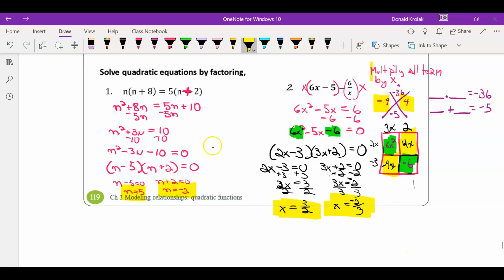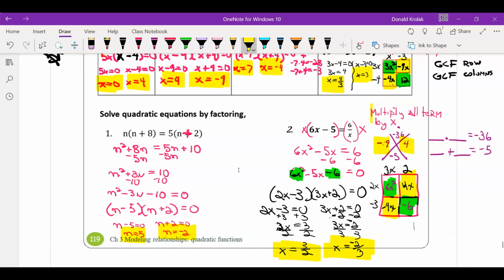All right, so there's our quick review of factoring. Are there folks still writing, or can I give about another minute? Okay, the next part you're going to solve by using your calculator.